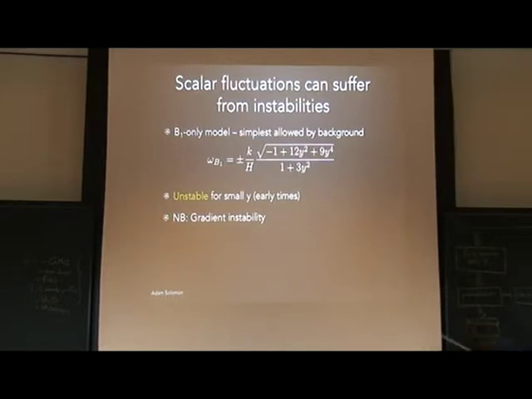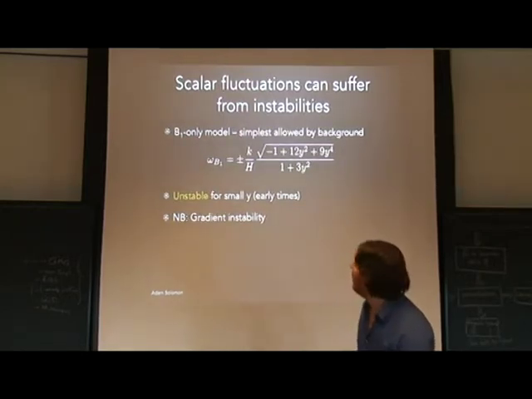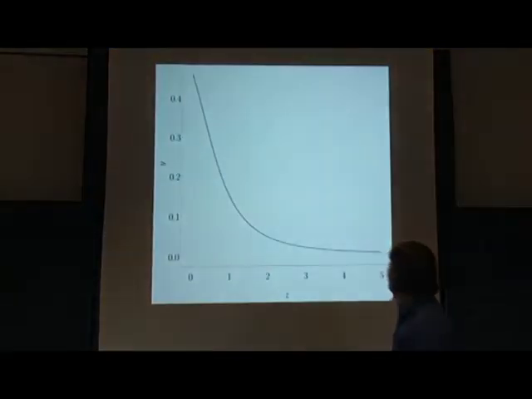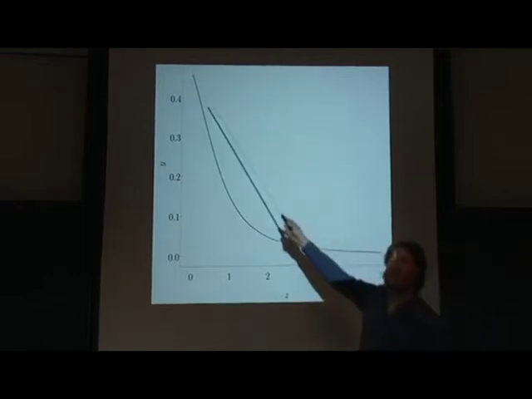So small y in this model corresponds to early times. So you get generically great instabilities at early times in this model, up to redshift about 0.5. So I've plotted here y, the ratio of the scale factors for this model, as a function of redshift. So this is a finite branch model. At early times, y goes to 0, and then at late times, it eventually asymptotes to some constant.